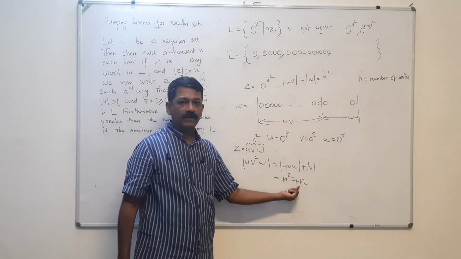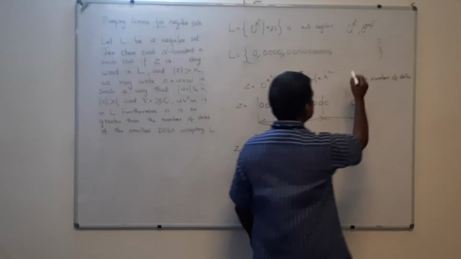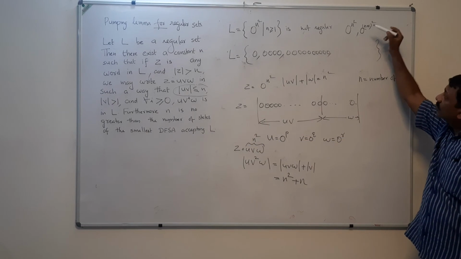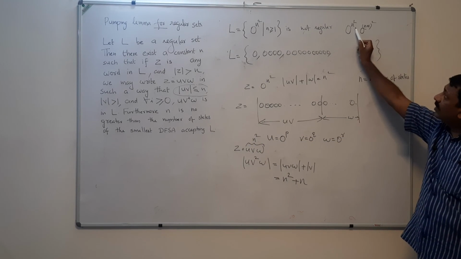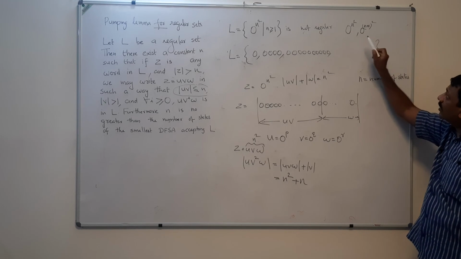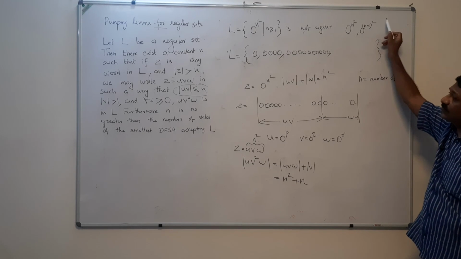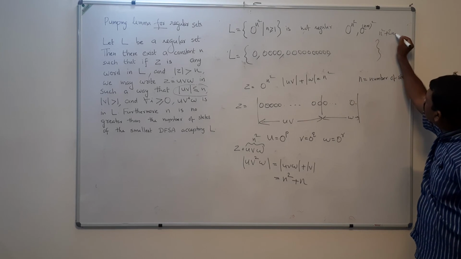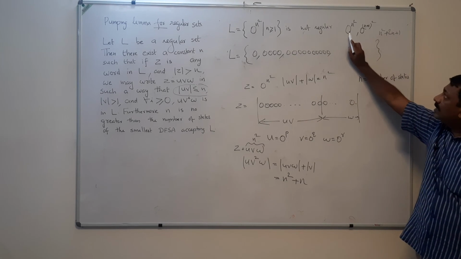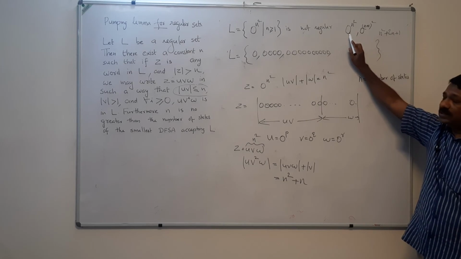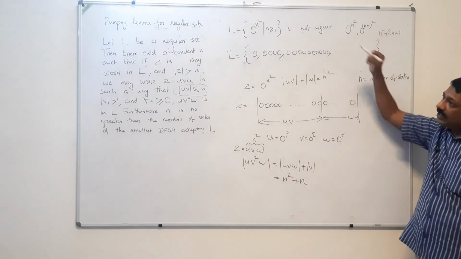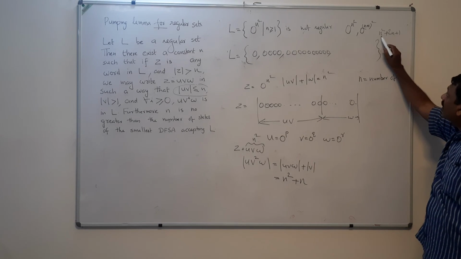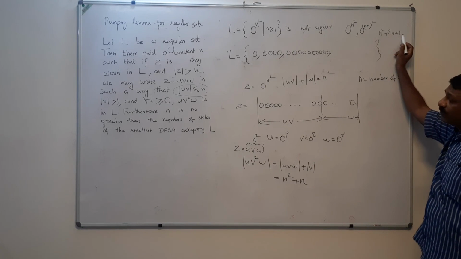But the next string it has to accept, if 0 raised to n square is accepted, then after that it will accept 0 raised to n plus 1 square. What is n plus 1 square? n square plus 2n plus 1. That means if n square number of zeros is accepted, then the next string it has to accept has n square plus 2n plus 1 number of zeros.